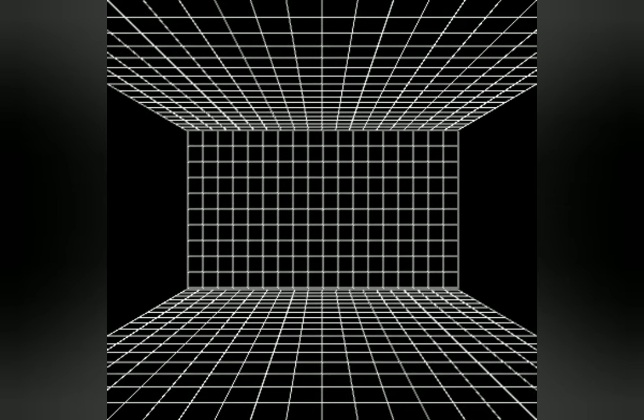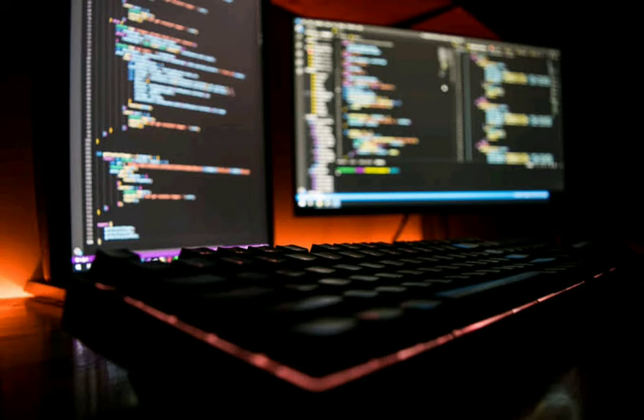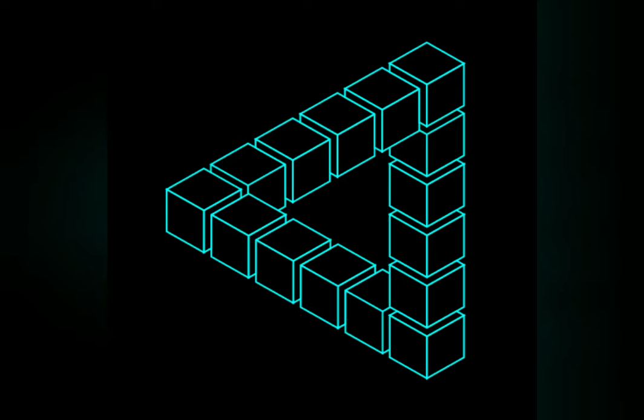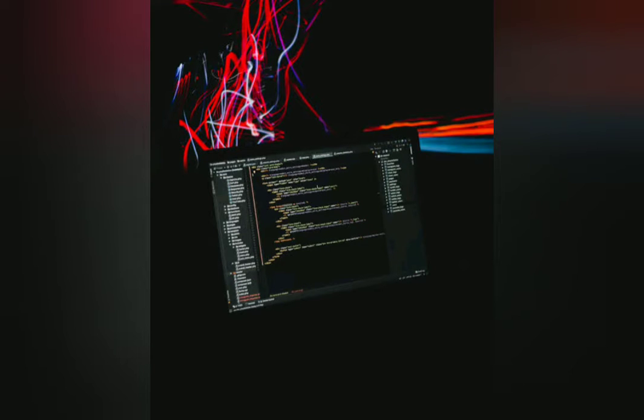How to choose a coding project? Here are a few ways to come up with side project ideas. Reflect on your day-to-day. Often the best ideas come from one's own experiences.